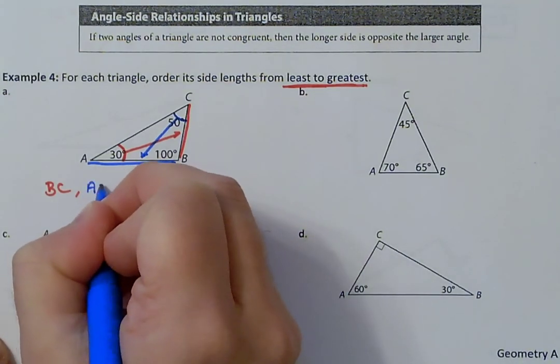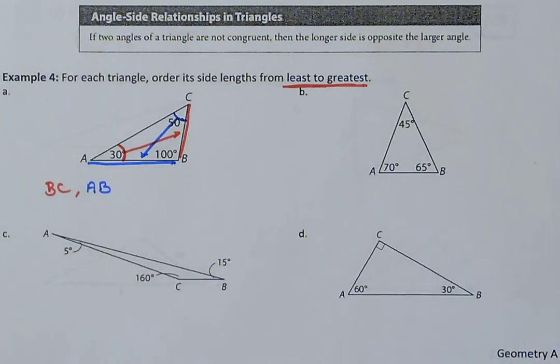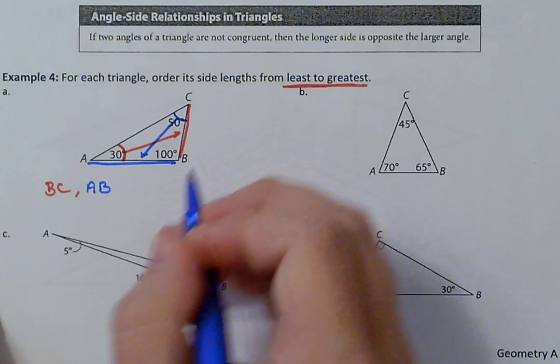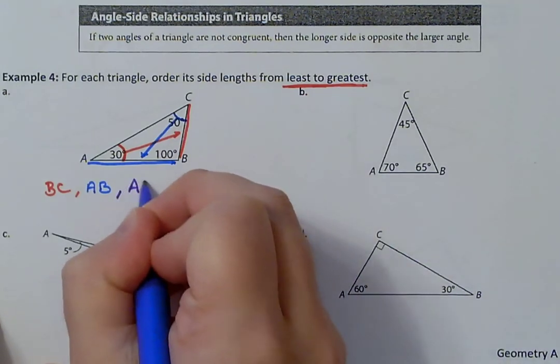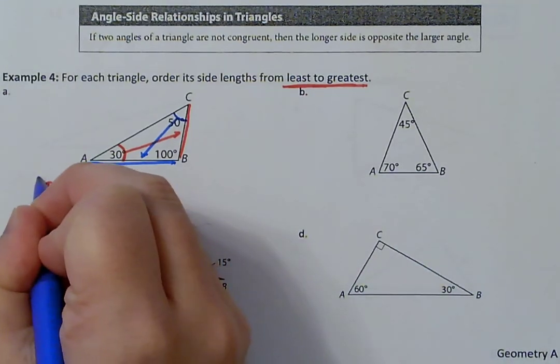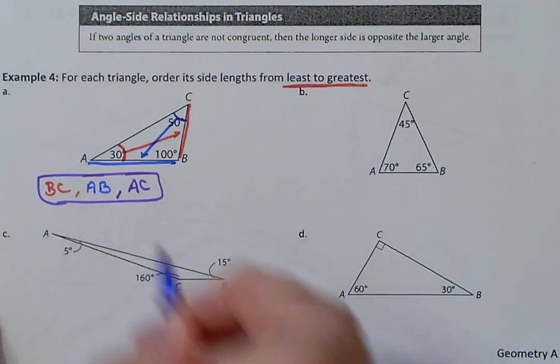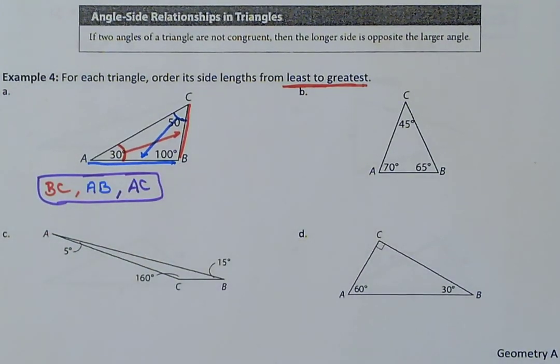So that means AB is my next side length in the sequence, leaving me with my third side length of AC. And that is my answer for example 4a. So if you were asked to go through and order the side lengths from least to greatest, find the smallest angle, the side opposite that angle is our smallest side, and you just continue that to find your sequence.